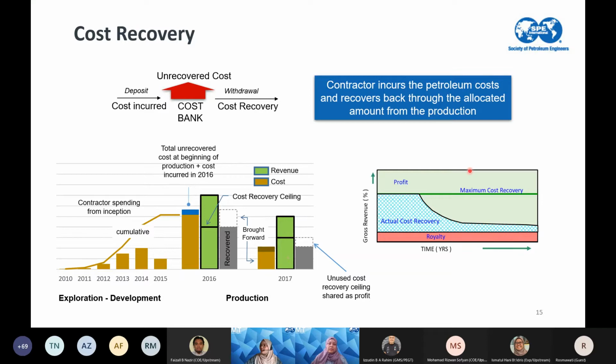So this is stylized over a longer period of time, where at the beginning your cost recovery might be capped to whatever the ceiling rate is, and then once you start recovering all your costs and you become cost current, there's no more unrecovered costs in the cost bank. Then your actual cost recovery is essentially what you spend. What you spend this year is what you get to recover this year.